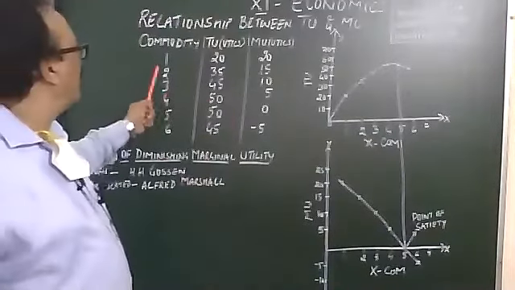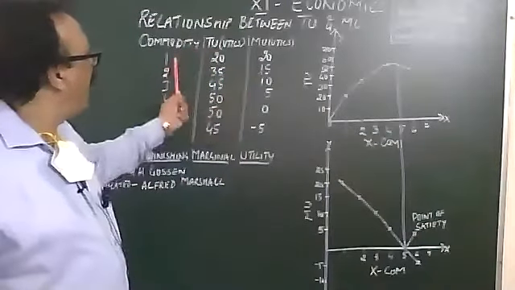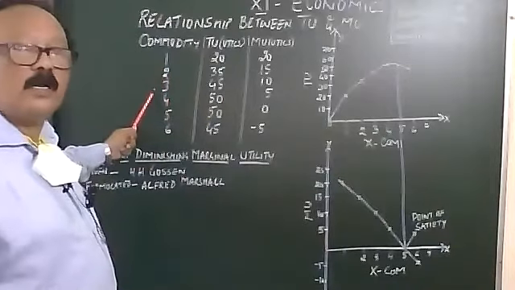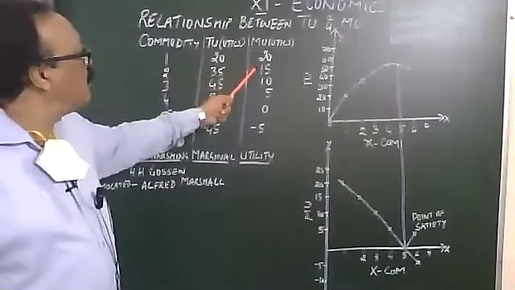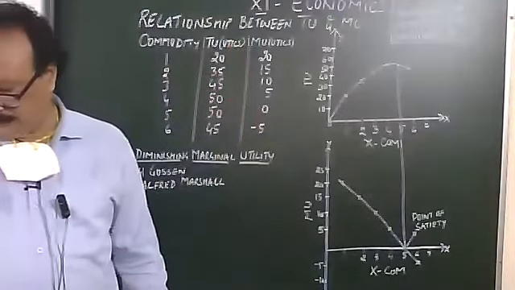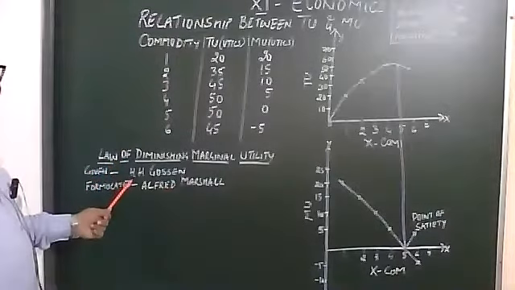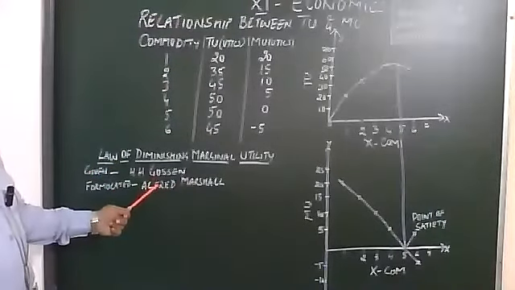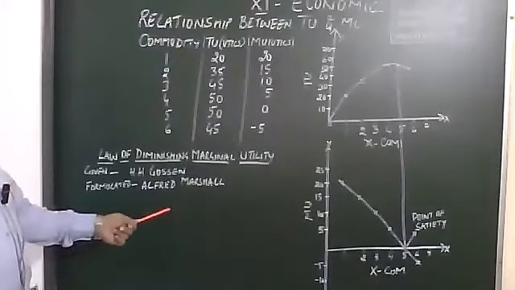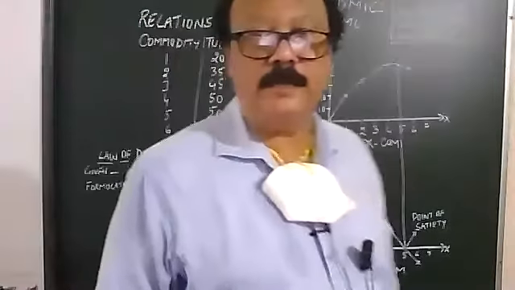And this could be another example, numeric example. The marginal utility, as more and more successive units are consumed, keeps declining. And this law was given by H. Gossen, but it was formulated by Alfred Marshall. Until there we had stopped yesterday.